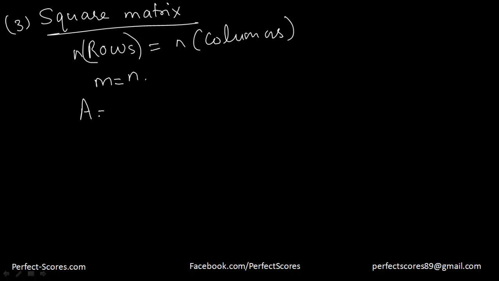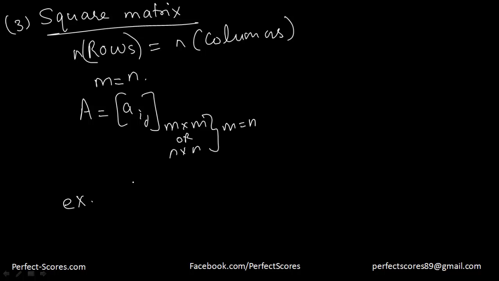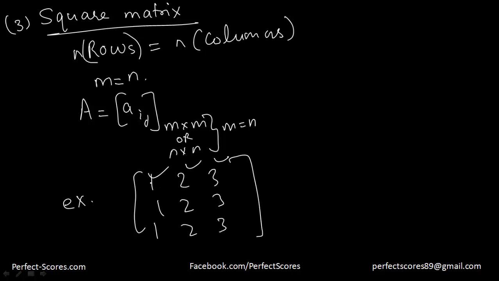So the order of the square matrix is going to be m into n, or n into n, whichever you want to take, as m is equal to n. An example for a square matrix would be 1 2 3, 1 2 3, 1 2 3. You can clearly see it has 3 rows and 3 columns. That means it's a square matrix of order 3 by 3.